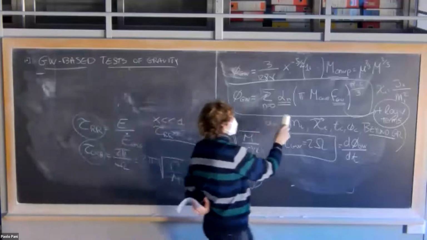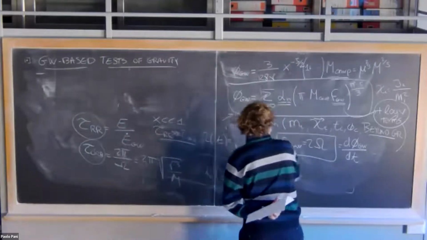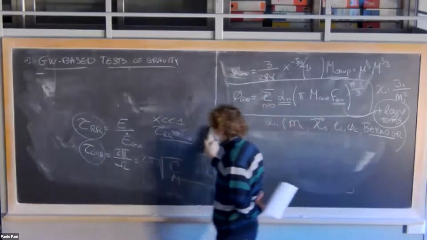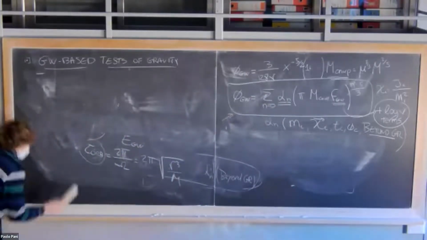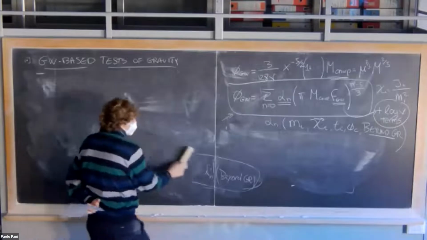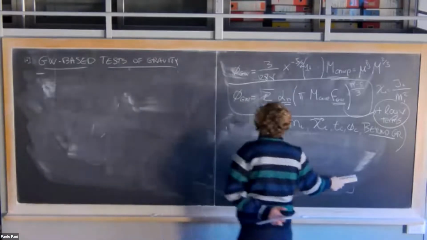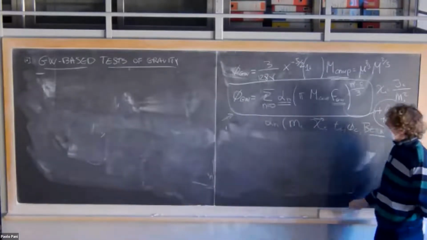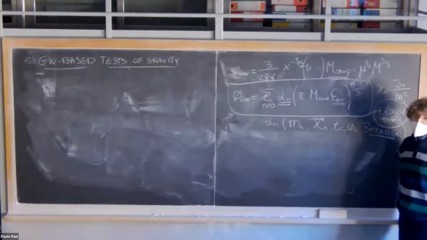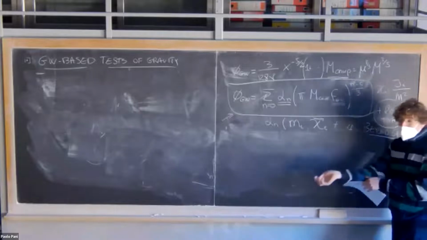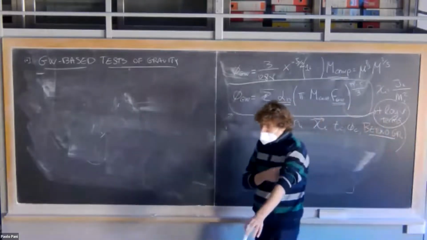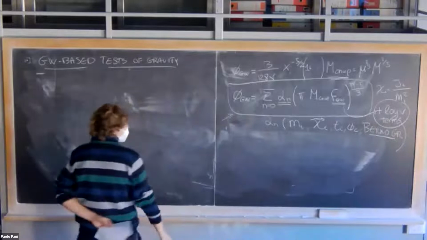Okay, so let me keep this formula here. Now I want to discuss which kind of corrections we should expect from this formula, depending on the theories and depending also on the sources that we want to consider.